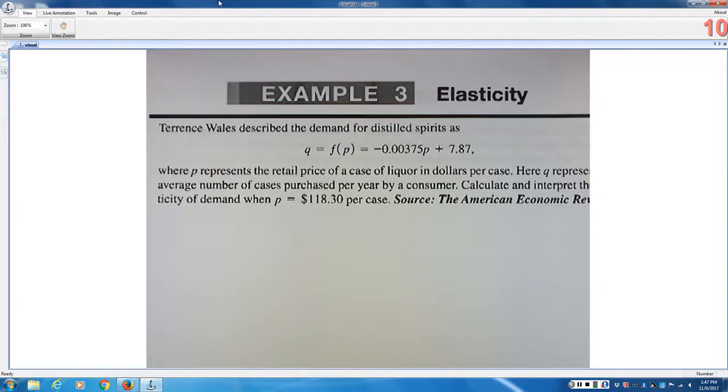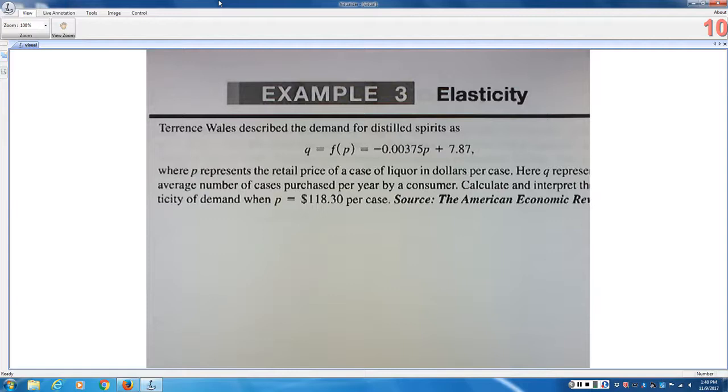P represents the retail price, in dollars per case of liquor. Q represents the average number of cases of liquor purchased per year by a customer. And they want us to calculate the elasticity of demand when the price is $118.30 per case.